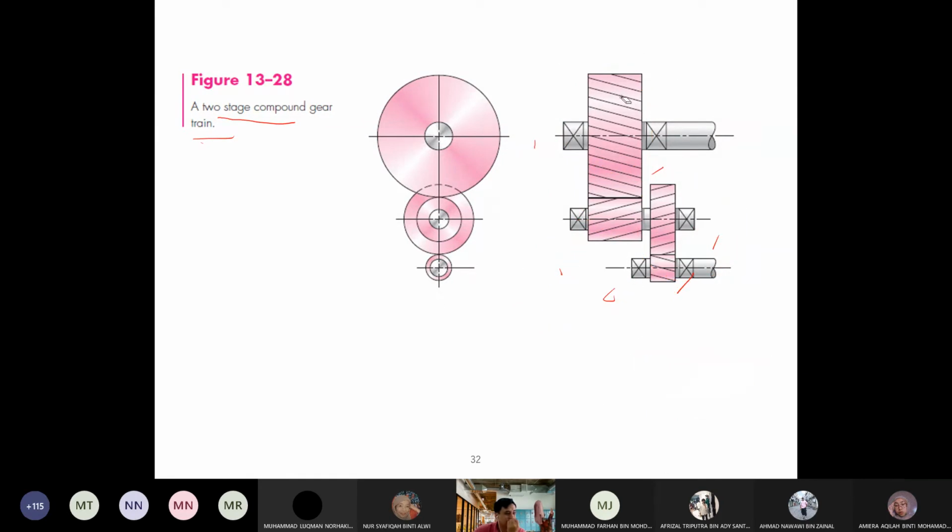Okay, soalan sama je dengan ni. Okay, soalan tu dia kata dia nak tahu what is the gear size. Okay, based on the information, so this is part. Okay, sekejap saya padam balik.